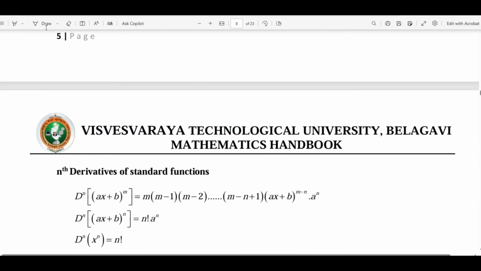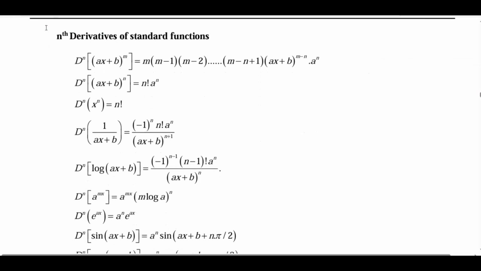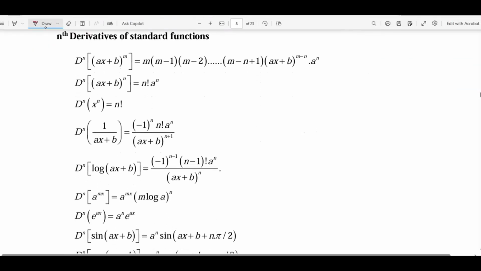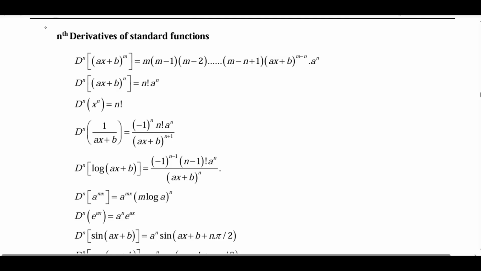Then the next topic is nth derivative of standard functions. You have d to the power of n, that is the nth derivative, of a to the x. Then the nth derivative of (ax plus b) to the power of m will be m into (m minus 1) into (m minus 2) up to (m minus n plus 1) into (ax plus b) to the power of (m minus n) into a power n. If it is the nth derivative of ax plus b, it can be written as n factorial into a power n.